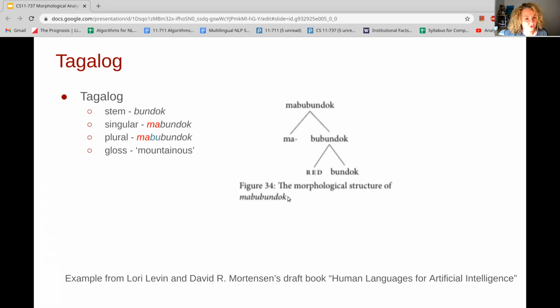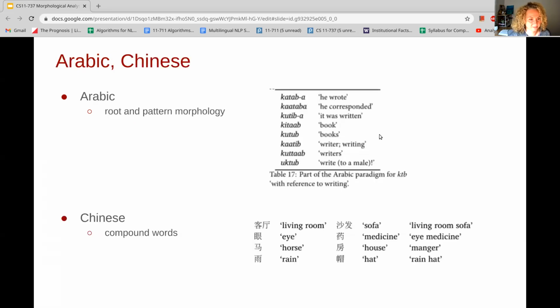And you can read more interesting examples in the book that I reference below by Laurie Levin and David Mortensen. This is still a draft, but a very nice draft, Human Languages for Artificial Intelligence.